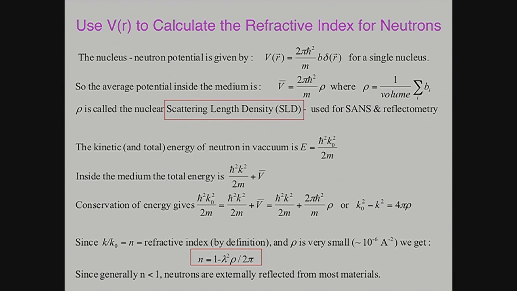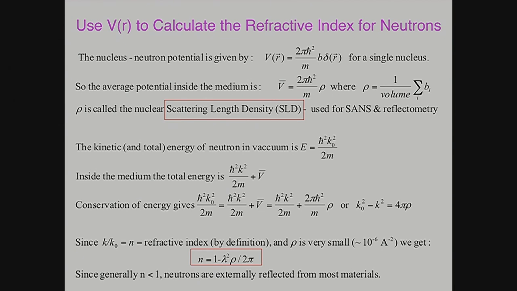It's just the sum of the scattering lengths of the nuclei inside some volume divided by the volume, just like the mass density is the sum of the masses of things inside the volume divided by the volume. That scattering length density is the quantity that you will use if you're doing small angle scattering or reflectometry. And it is the one you will use because you're doing scattering at such small wave vector transfers that you can average the potential over many nuclei, right?